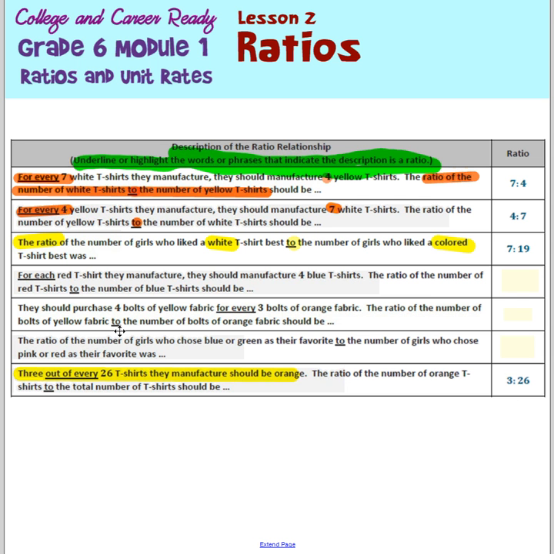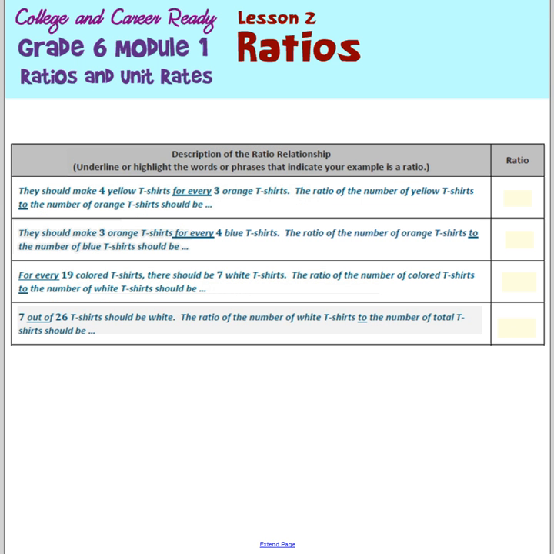I realize I skipped a few, but I want you to do those on your own. So if you need a second, hit pause. Otherwise, I'm moving on. Here we go. Practically the same thing. There should be 4 yellow t-shirts for every 3 orange t-shirts. So this one, yellow to orange, is 4 to 3.